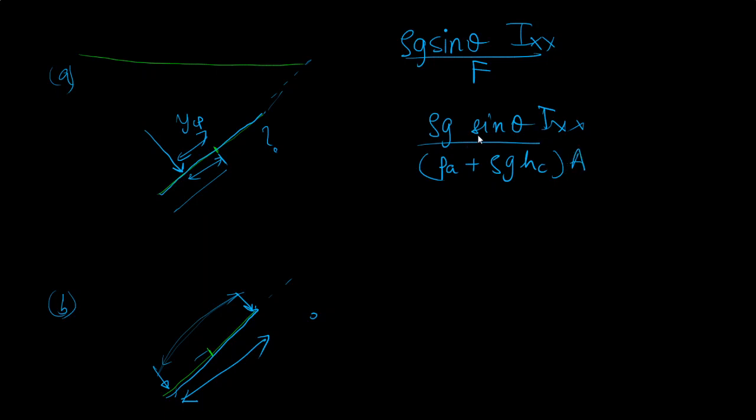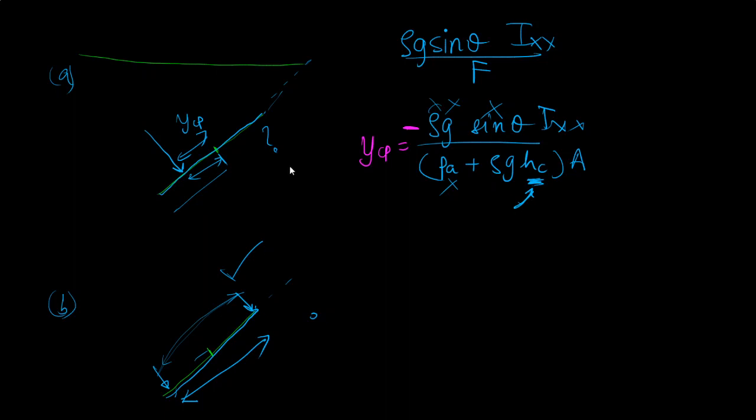Now as we go towards deeper depths, sin theta will not change, rho g doesn't change, Pa doesn't change, but Hc changes. So the differential is still the same. What I said was wrong. So Hc increases.